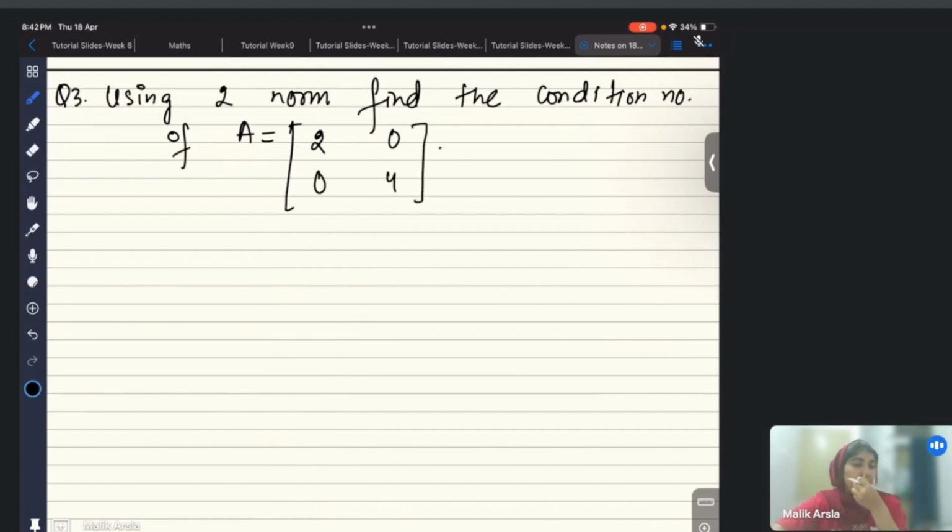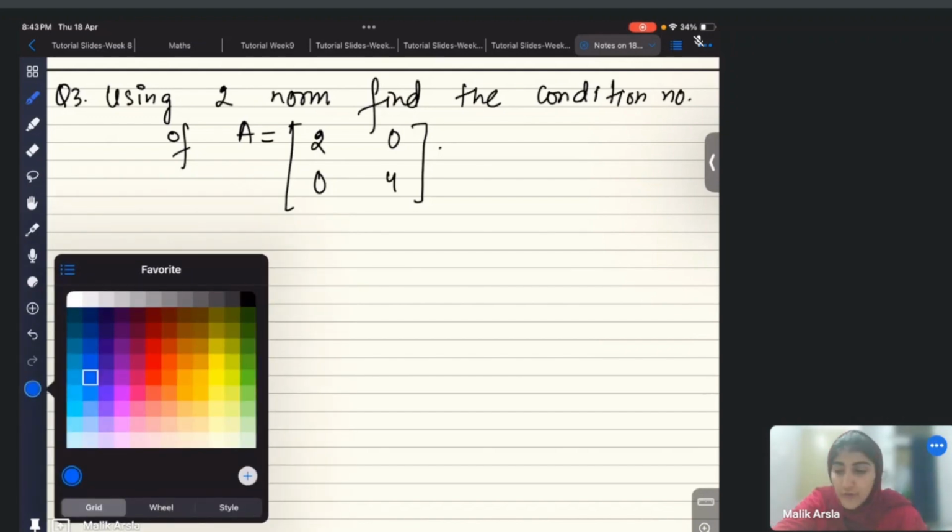We know that the condition number of a matrix is really very important to comment on its sensitivity of any system. So how do we find the condition number for this matrix?